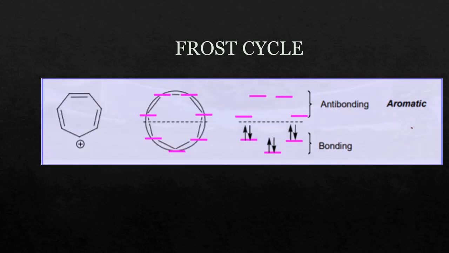And if we try to draw the Frost cycle for cycloheptatrienyl cation, I'm just trying to take this molecule as such, and I am trying to draw a circle around this molecule. So when I draw a circle, please remember this non-bonding part should be the center of the circle. So it is actually the diameter of the circle.